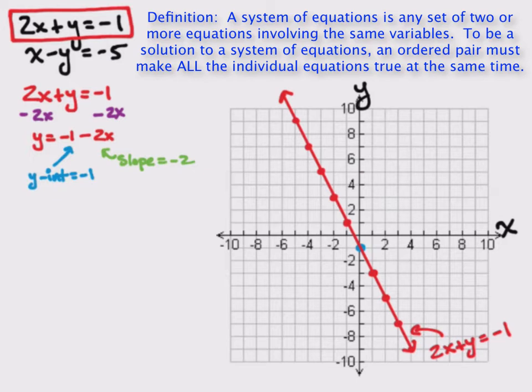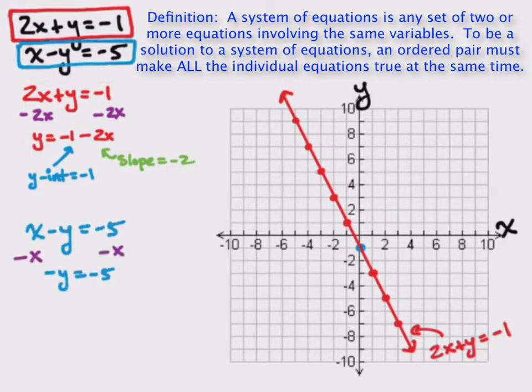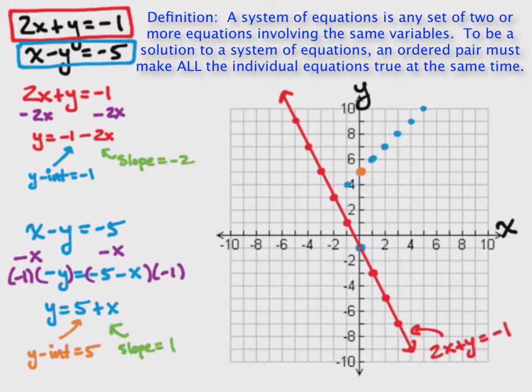Now we know how to represent all the ordered pairs that are solutions to the second equation. That's also just going to be a line. So let's go ahead and graph it. Alright, so this graph in blue represents all of the solutions to this equation in blue.